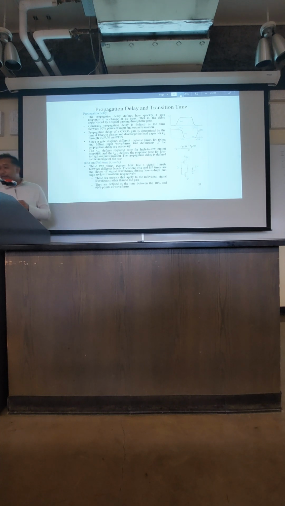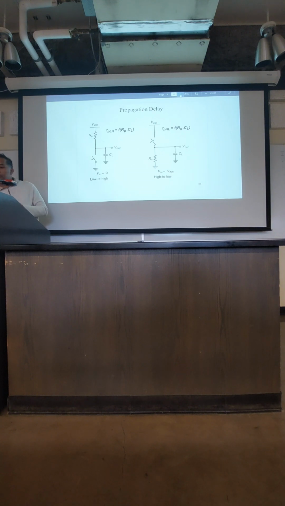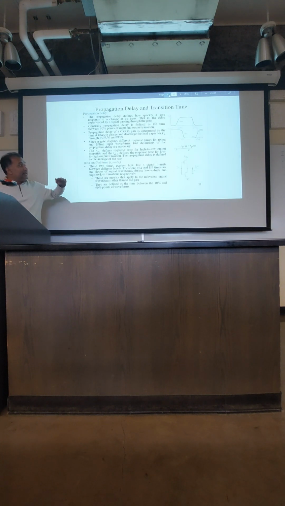So it is standard practice to take the 10% point. That means if it is rising, from when it reaches 0.1 VDD up to when it reaches 0.9 VDD, this difference is called rise time.